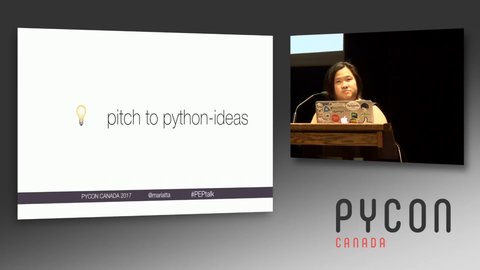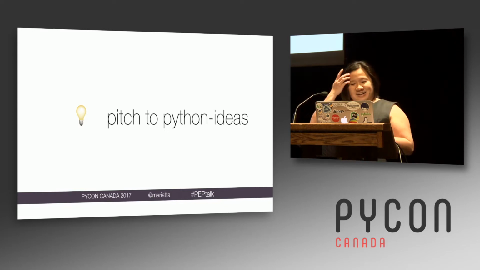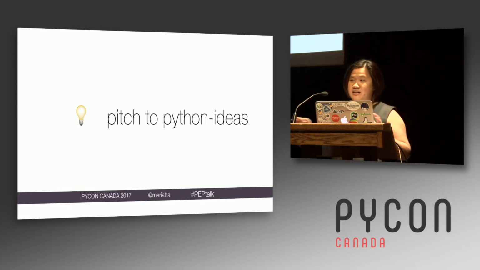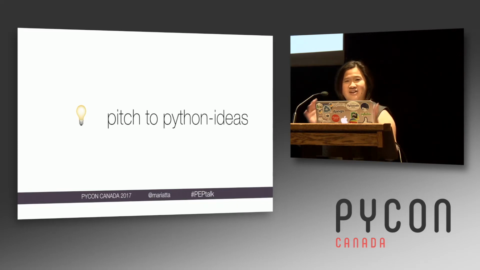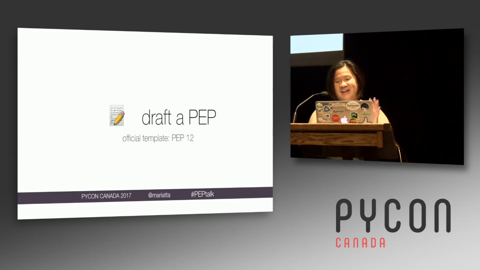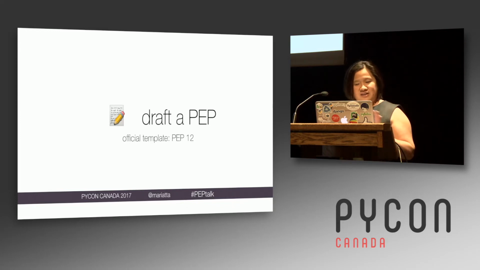The workflow goes like this. If you thought of something, you will write to the Python ideas mailing list. You'll say, hey you all, I thought of something. I think Python should be able to do blah. Now, if people are interested, it got lots of attention, got lots of traction.